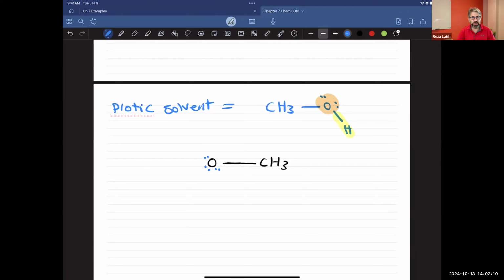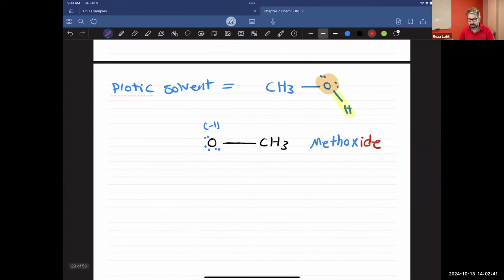So first, I go with a protic solvent like methanol, and my nucleophile, I go with methoxy. This one will be methyl attached to oxygen. We call it methoxy, and if you want to say it has a negative charge, you say this is going to be methoxide. The methoxide has a negative charge, and it's going to try to stabilize the negative charge somehow.